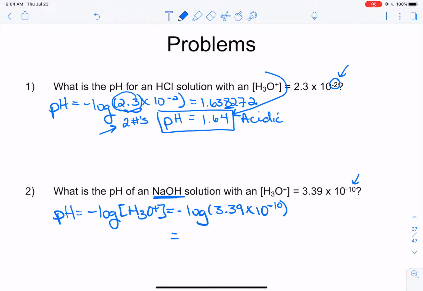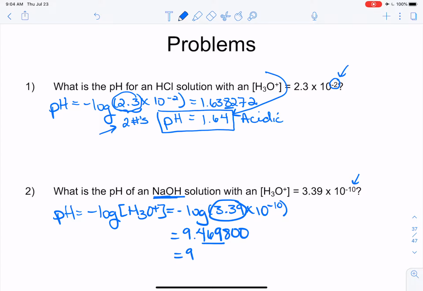And when we use our calculator and we figure that out, what we will get is 9.469800. Now we have 3 numbers in the coefficient of the original number. So that means when we give an answer for pH, we want 3 numbers to the right of the decimal.